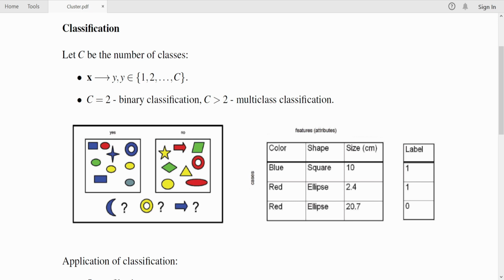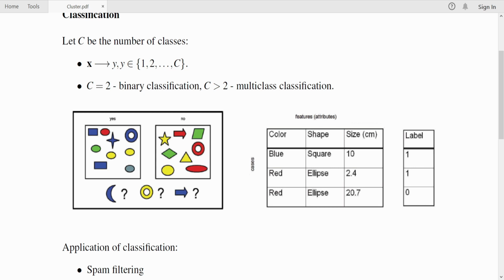So our input vectors, our x's, can be either discrete or continuous, or as you can see, a combination. For each of those attributes we have our label, so we know in which class to put it. This is the data that we have. So our x's and y's, similar to regression, where we have initially, for example, p observations and an output y. This is something that we observed here as well, and we know how to classify those objects.